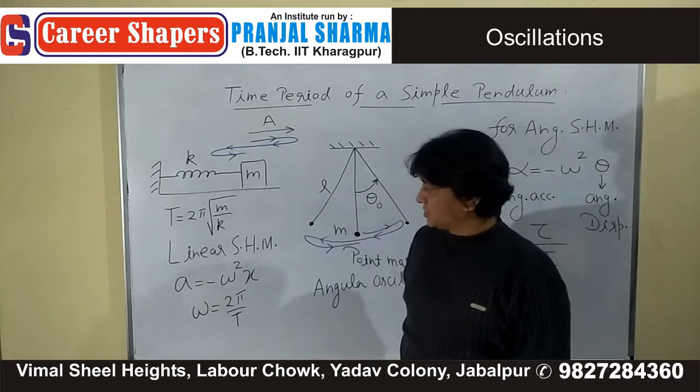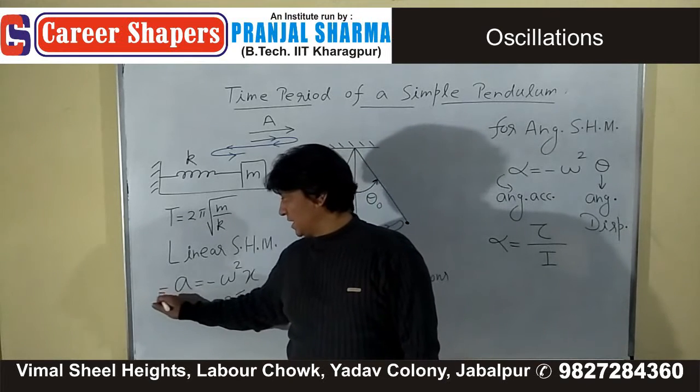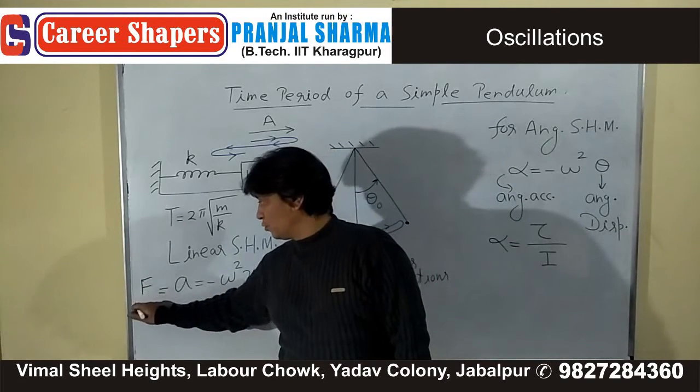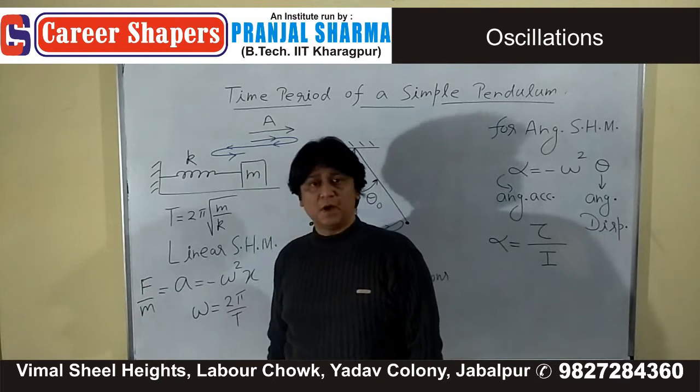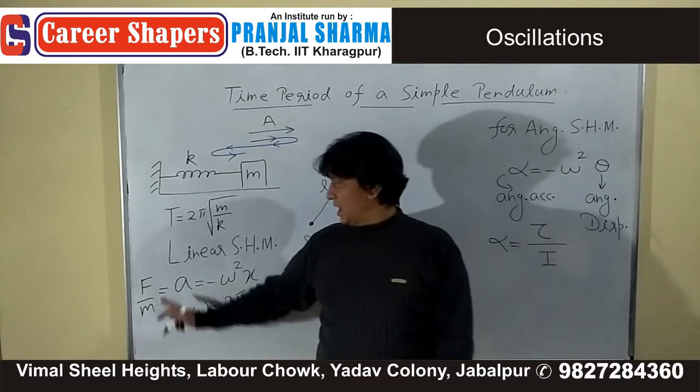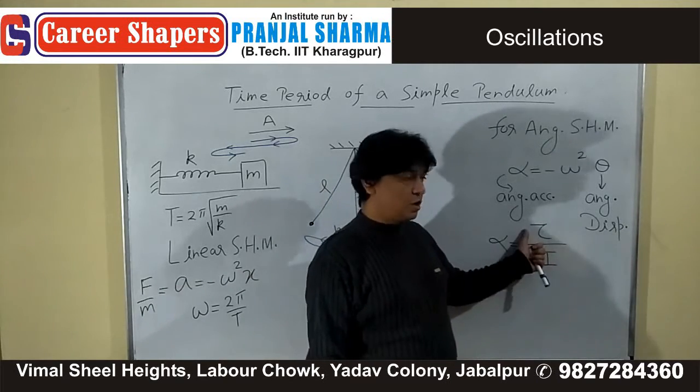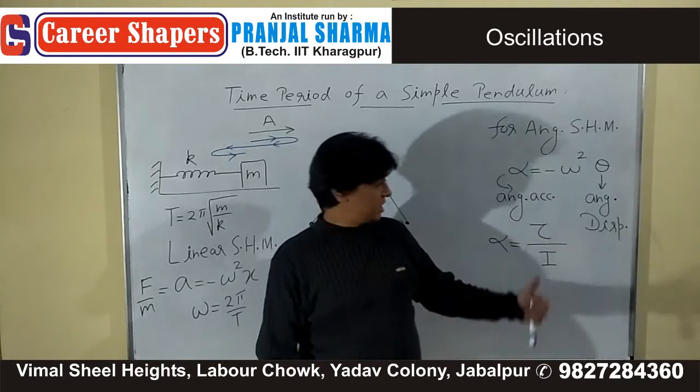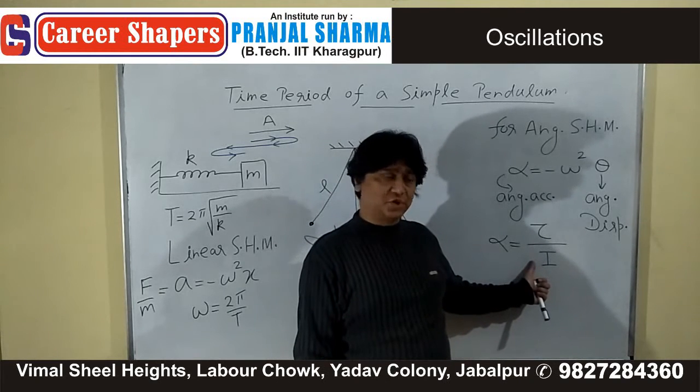Again, similar steps. How do you find a? Acceleration is found with force divided by mass, whereas in this case, F becomes torque and mass becomes moment of inertia.